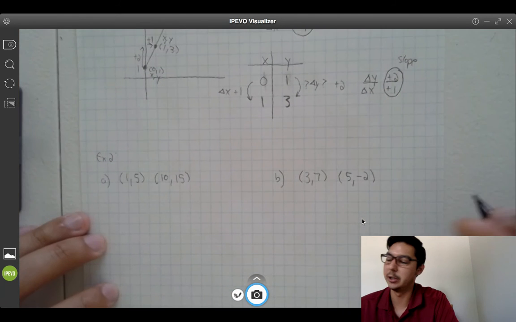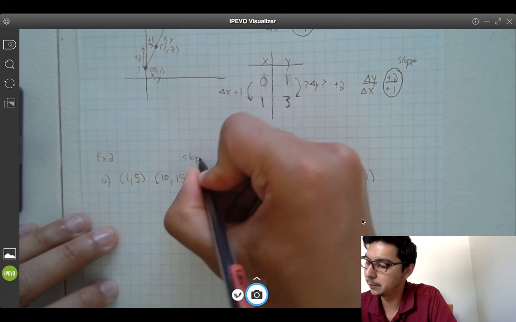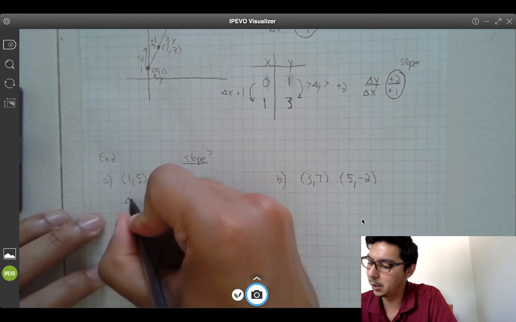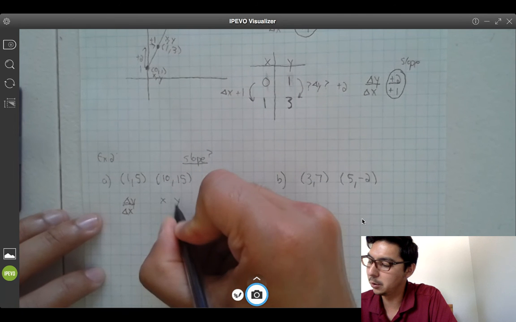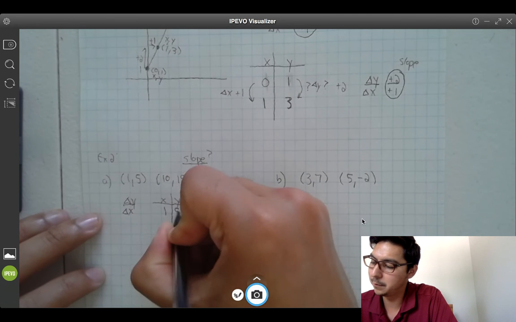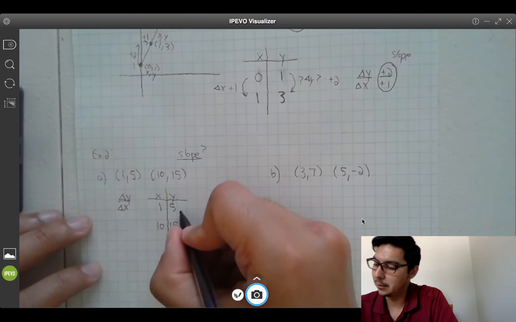A little bit more challenging. So again, the question is what's the slope here? So to get slope, we do the change in y over the change in x. So I'm going to put this in a table to organize this. The first one, 1, 5. Second one, 10, 15. Okay. What's the change in y?